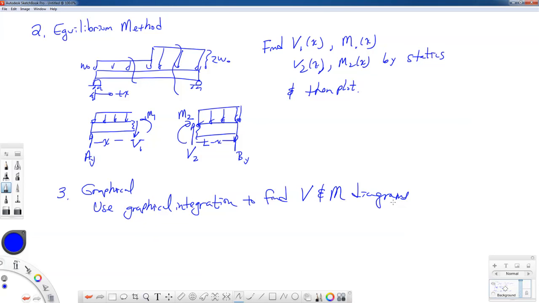Right, so I'll go through an example of doing that, and it's something that you should have done or would have done in statics, the prerequisite to this course, but it's always good to see another approach. Maybe you pick up a couple tips on how to do this.